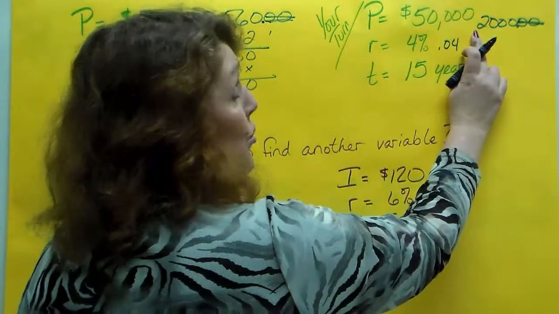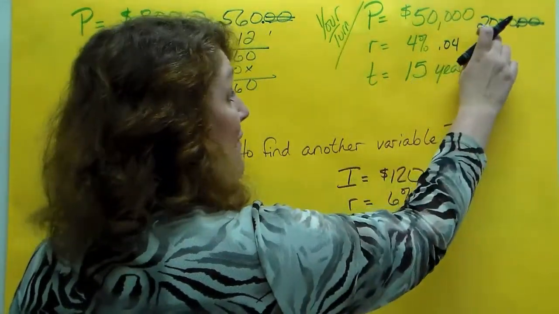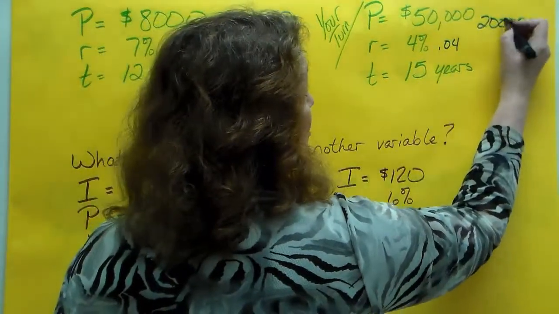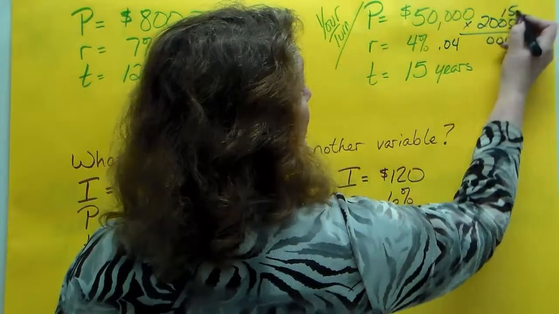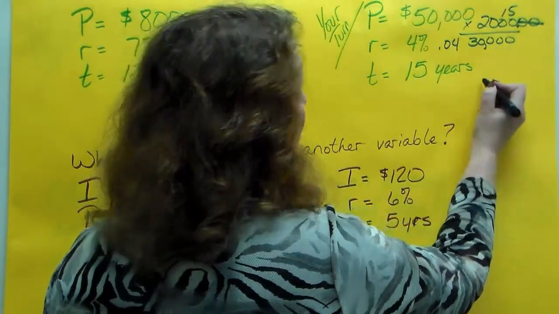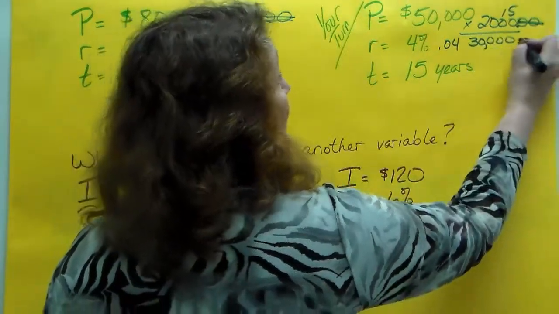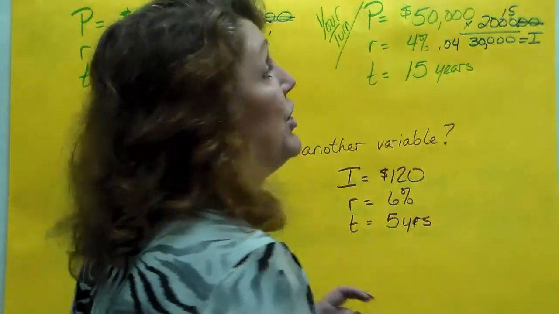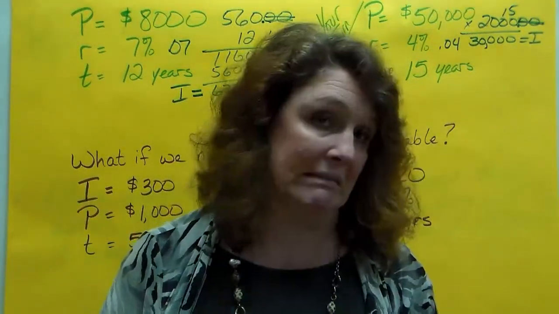So that's $2,000 for each year. It's $2,000 every year for 15 years. So I'm going to multiply this by 15, and that's $30,000 just in interest. So this is my interest. All in total, I'm going to have to pay them $80,000 back.